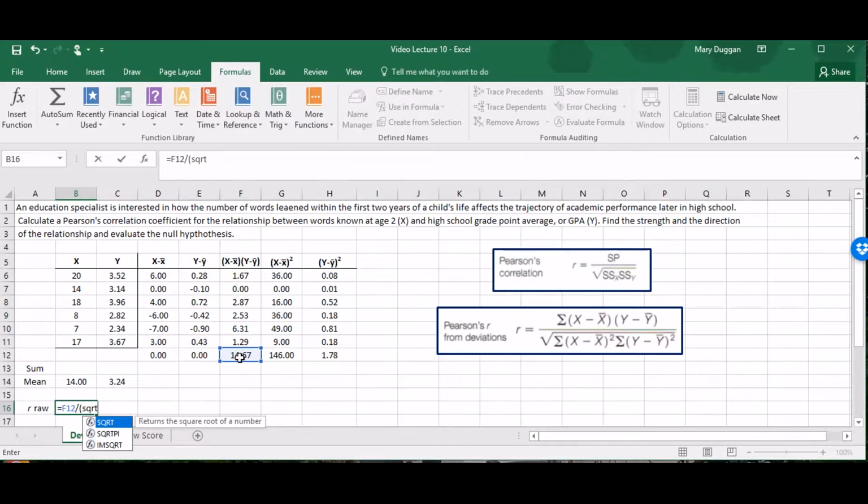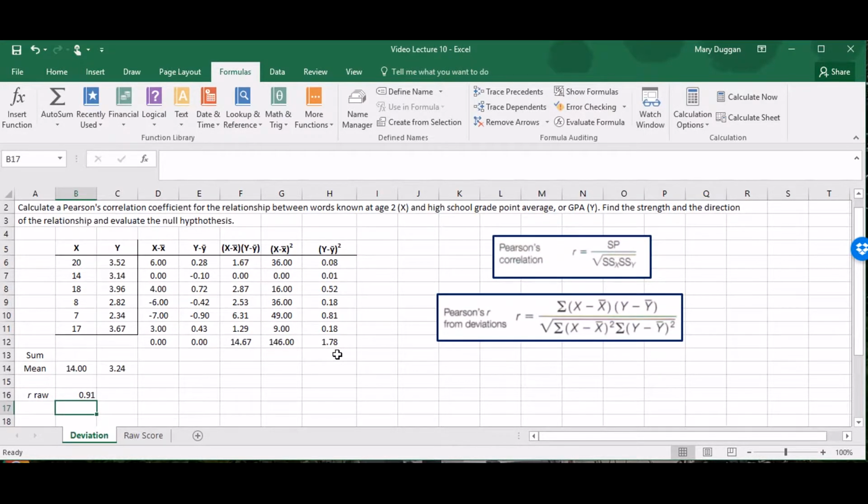So square root is first, in parentheses. And now we're looking for the sum of the squared x deviations times the sum of the squared y deviations. So that times that. And then I'm going to close the denominator, press return, and we end up with a Pearson's correlation of 0.91.